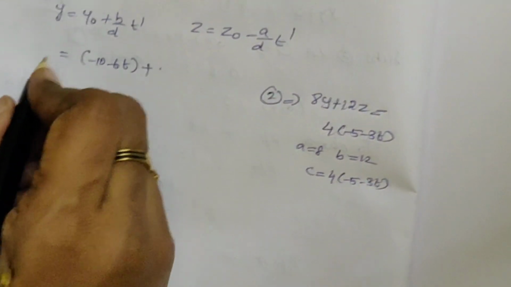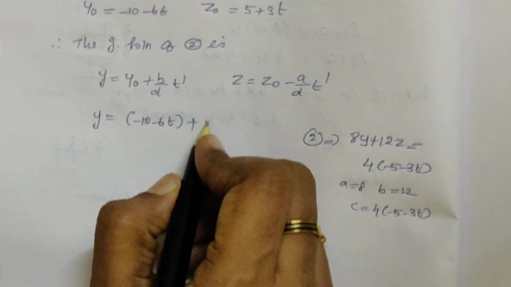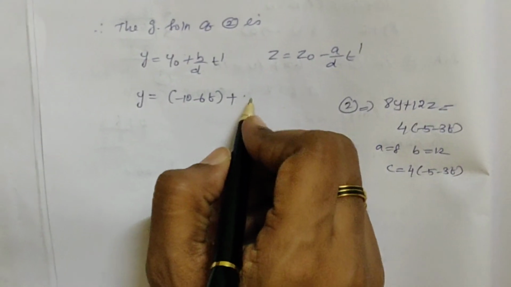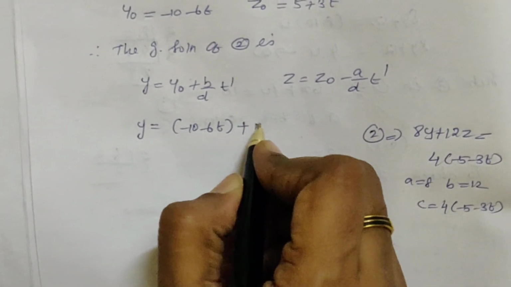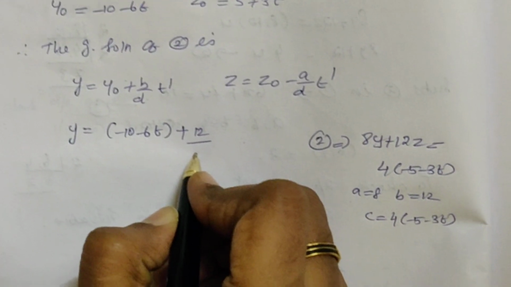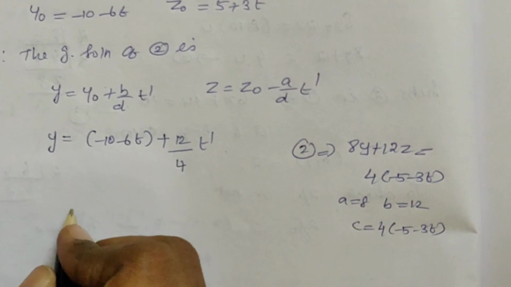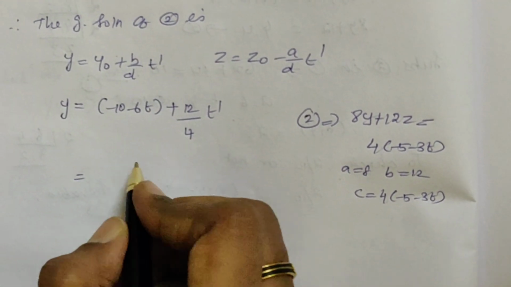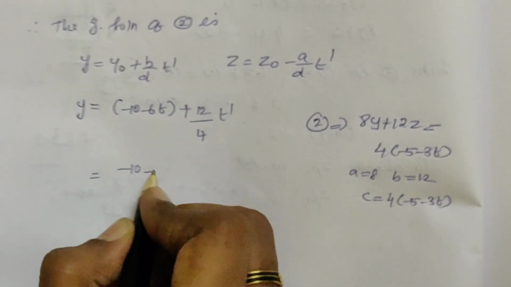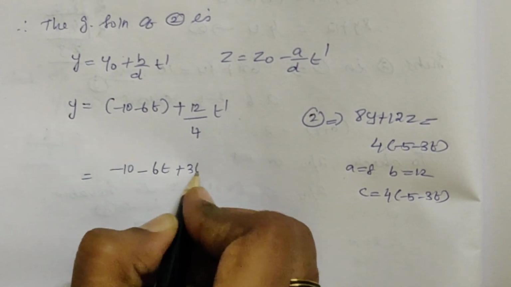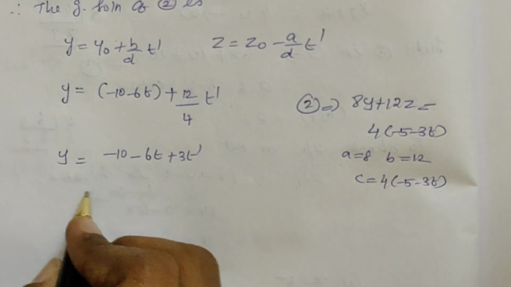Therefore y equal to (minus 10 minus 6t) plus b value 12 by d value 4 into t dash. Therefore after simplifying we will get y equal to minus 10 minus 6t plus 3t dash.